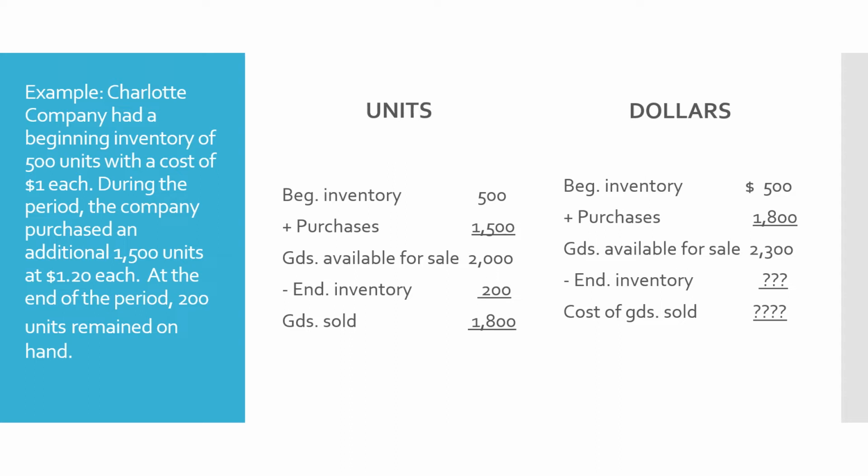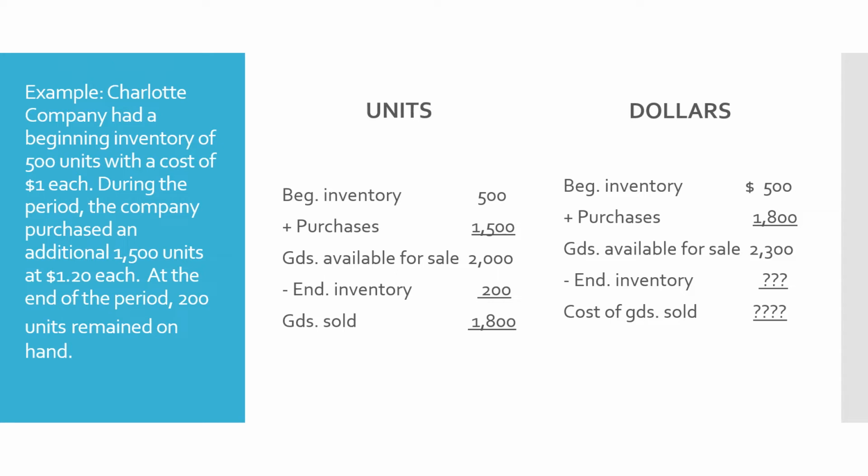We determine that there are 200 units left on hand, which means if we had 2,000 available for sale and 200 are left, we must have sold 1,800 units. So ultimately, what we have to determine is what is the value assigned to those 200 units in ending inventory versus the value assigned to the 1,800 units that we sold.